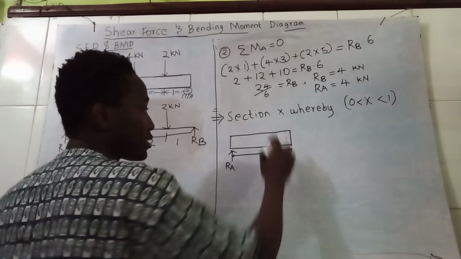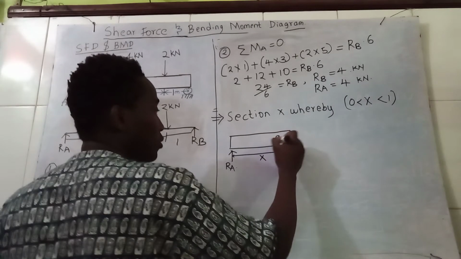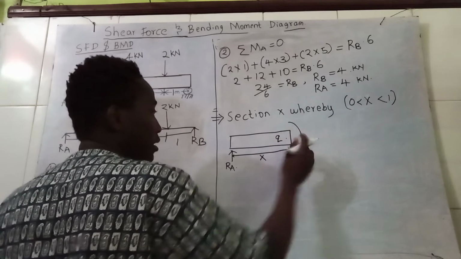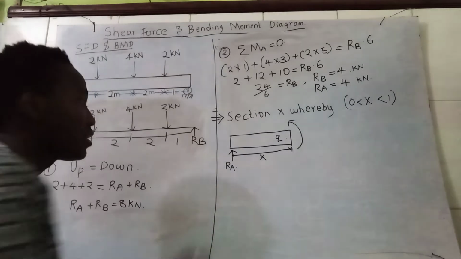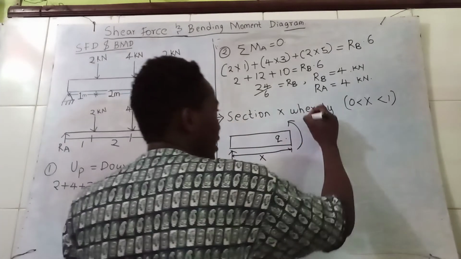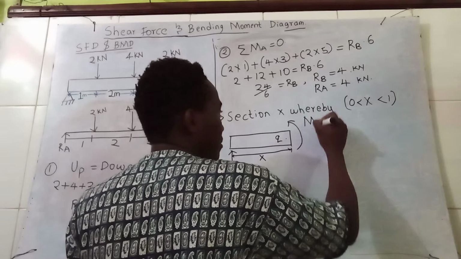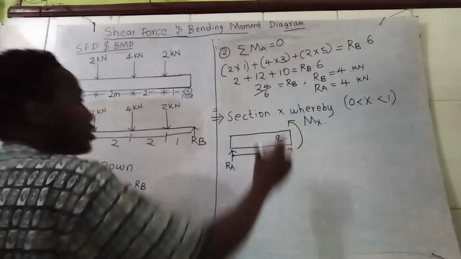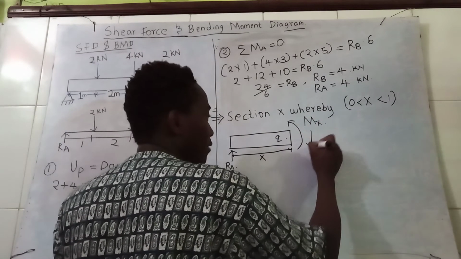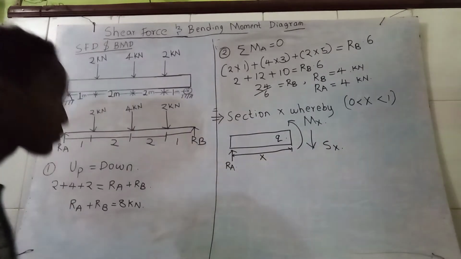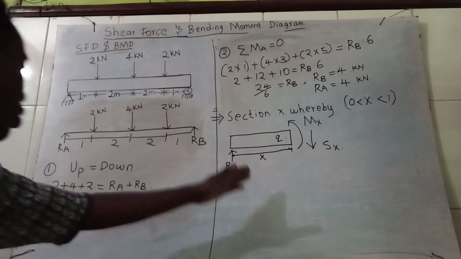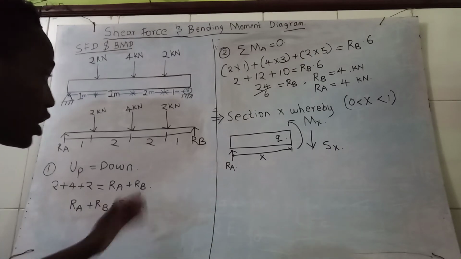Then at this point I'm going to name it Q. At this end, I'm going to have a moment, the one that is turning it, and I shall name it M of X. Also at this point, I'm going to have a shear force SX.